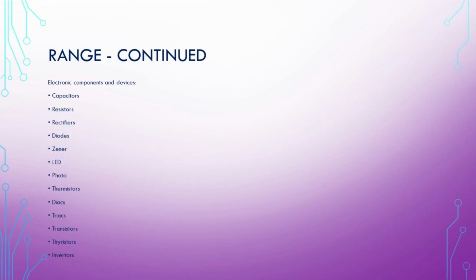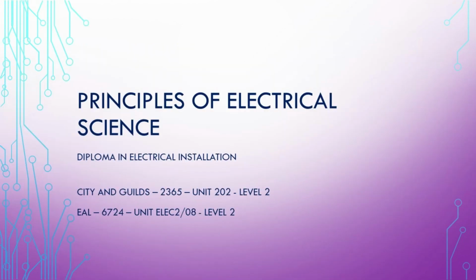The range continues with electronic components and devices, which include capacitors, resistors, rectifiers, diodes, Zener, LED, photo, thermistors, diacs, triacs, transistors, thyristors and inverters. The playlists and videos that follow have been put together to help you in your understanding for revising for your exam at the end of this particular unit.